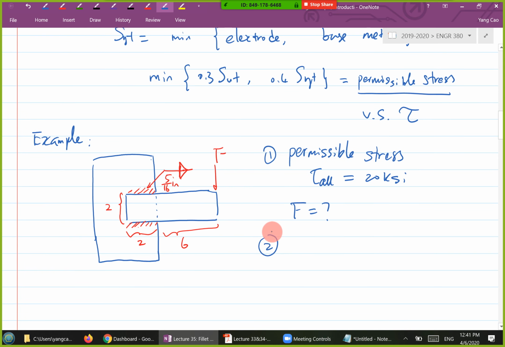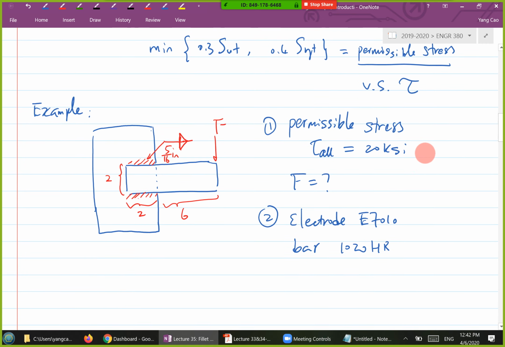The second part of the question is more of a practical situation. Say you have an electrode E7010, and this bar here is 1020 hot rolled, and the support is 1015 hot rolled.